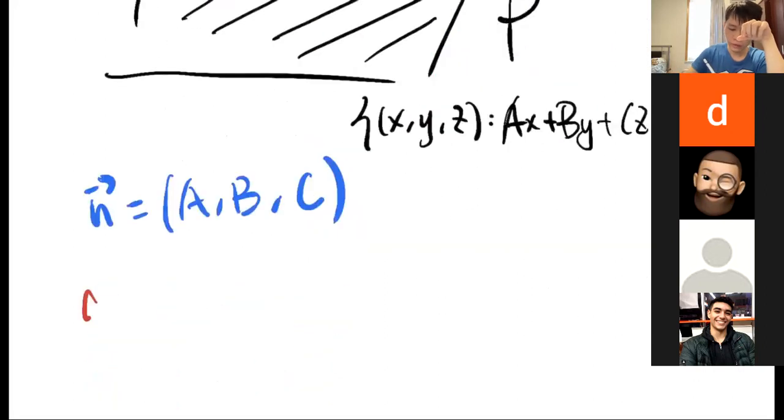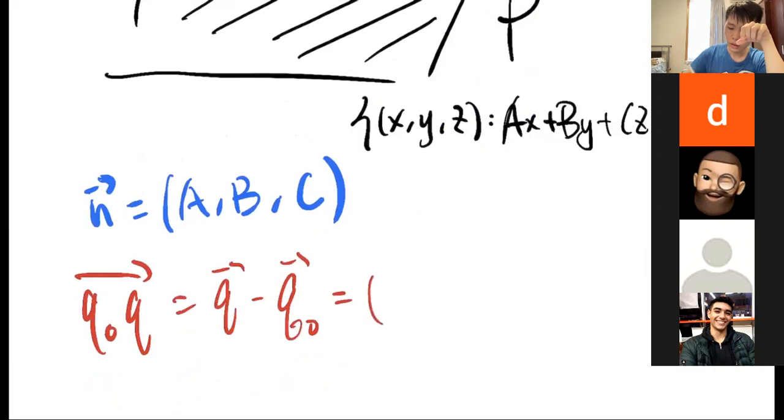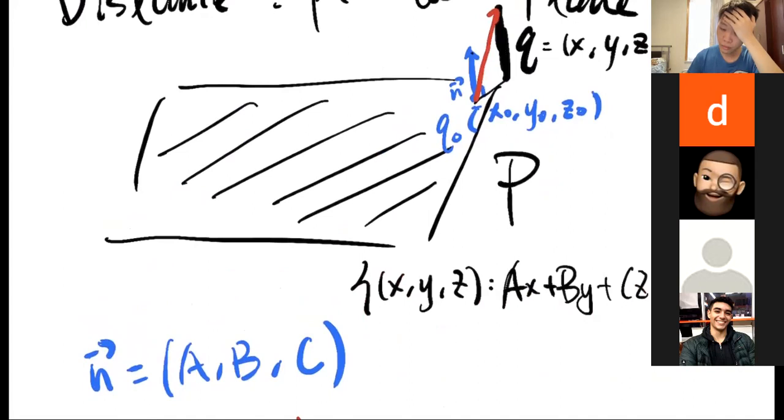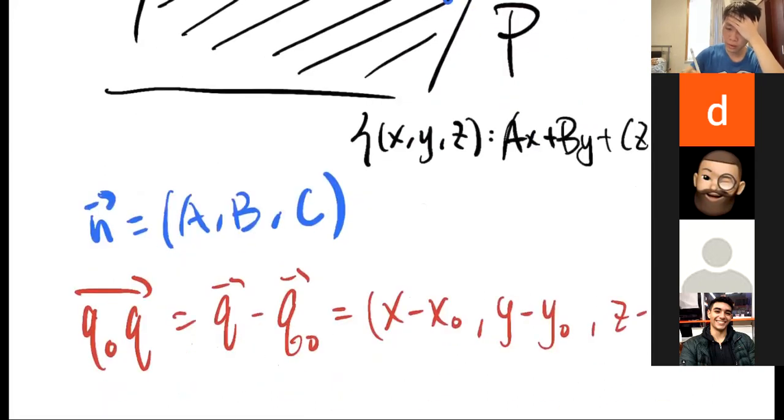Vector Q0Q is Q minus Q0, it's x minus x0, y minus y0, z minus z0. Let's avoid some confusion: instead of x, y, and z, the point Q is actually given as x1, y1, z1.